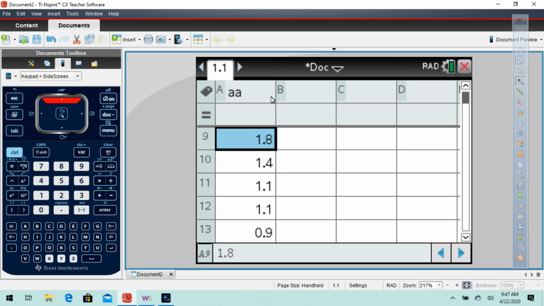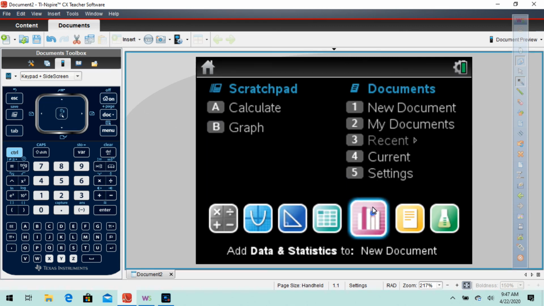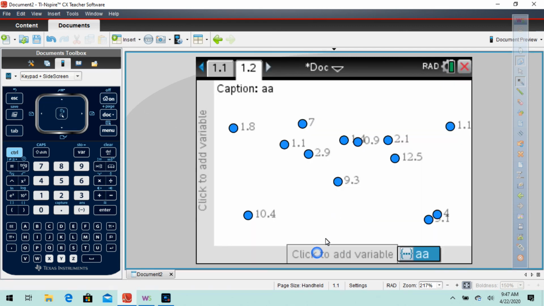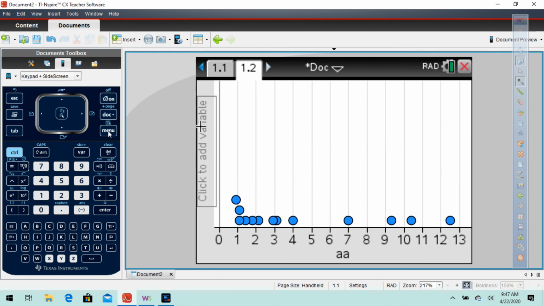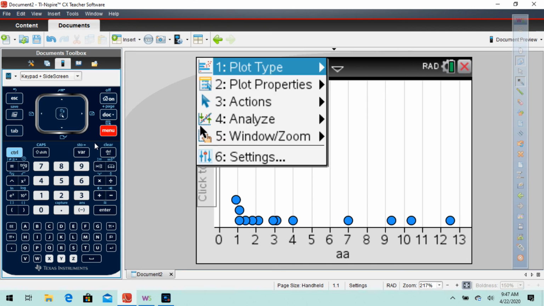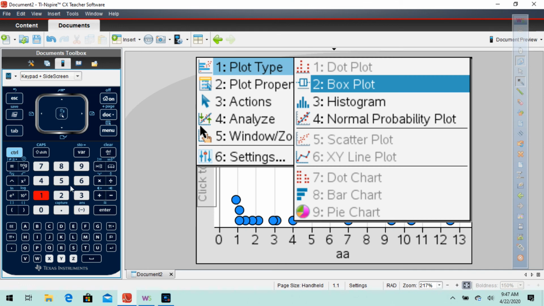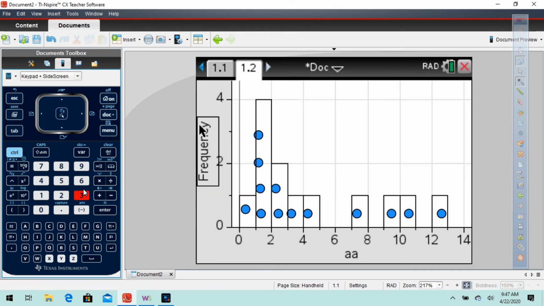Now, let's see here. Do these salaries appear to come from a normal population? Well, what do we need to do? Let's draw a graph, AA. Okay, let's turn that into a histogram. Menu, 1, 3.